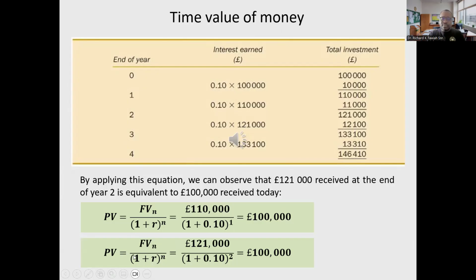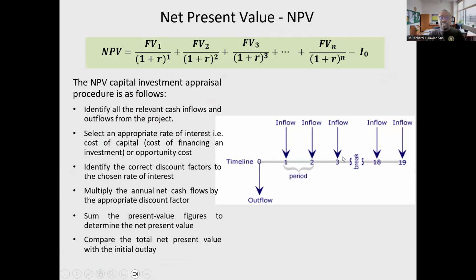If you like, it's just a change of subject. Make future value the subject, and you will still get this figure. Pretty easy. So that's the present value. We discount future cash flows to their present value, after which we subtract the initial investment. That's all. Very easy.